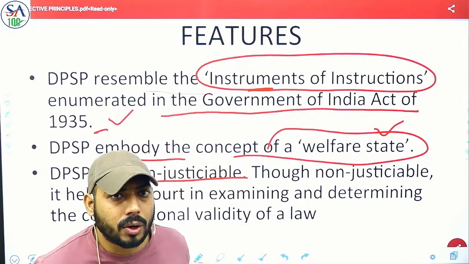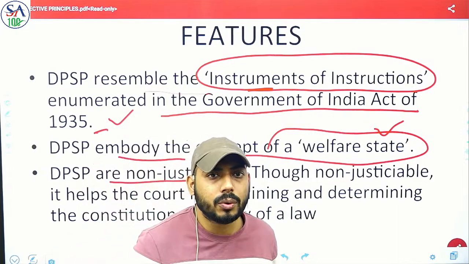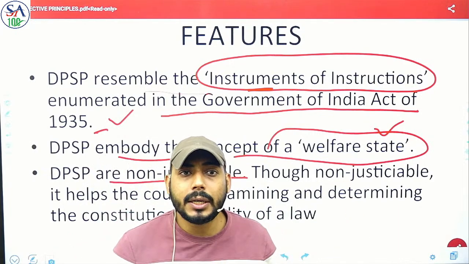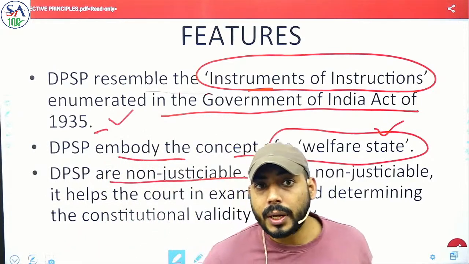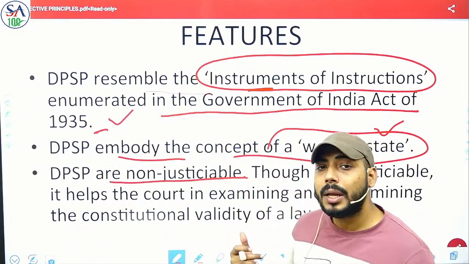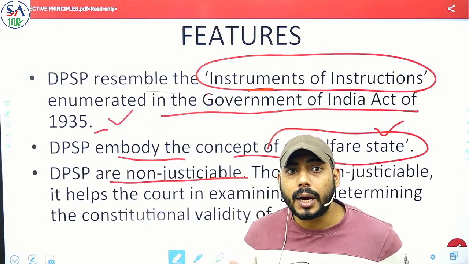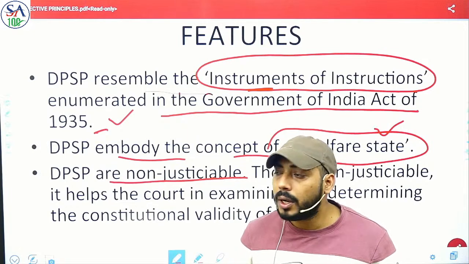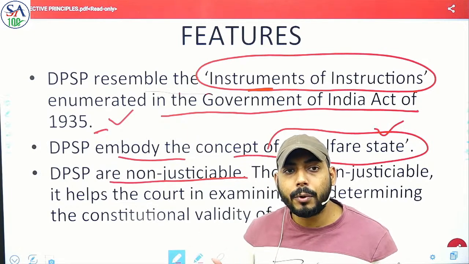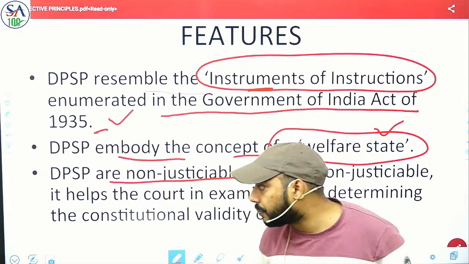After a few minutes, we will look into the different DPSP, then it will become more clear to you. Non-justiciable means that you cannot go to a court and ask the court to give direction to the executive or legislature to implement different provisions of DPSPs.